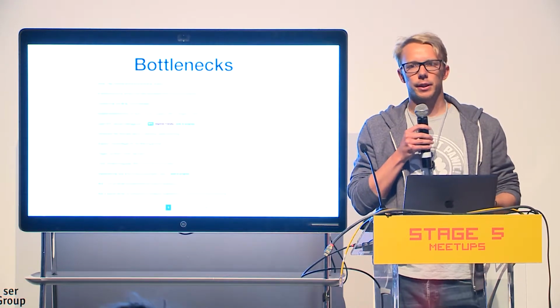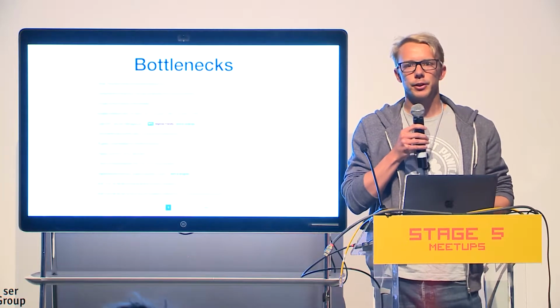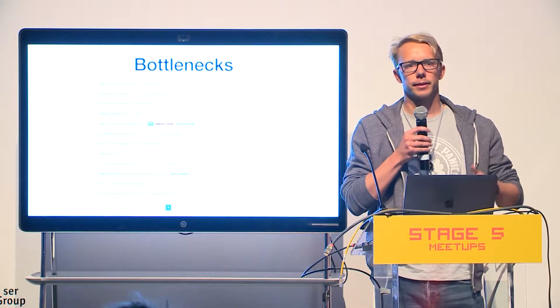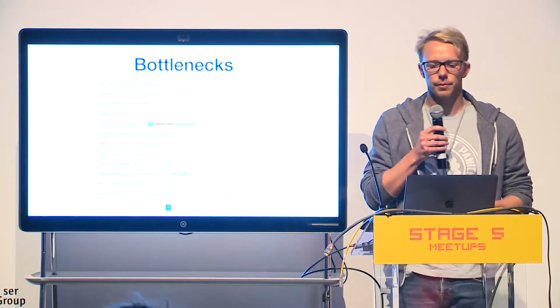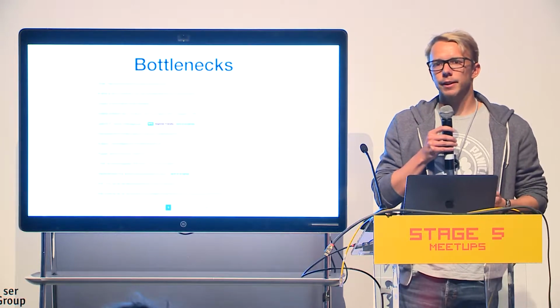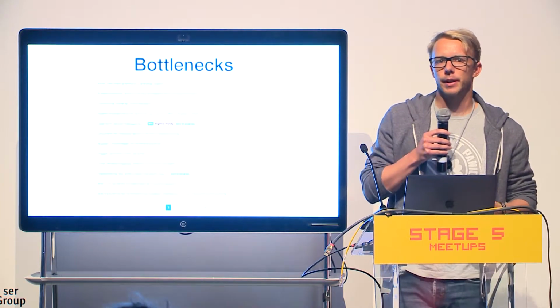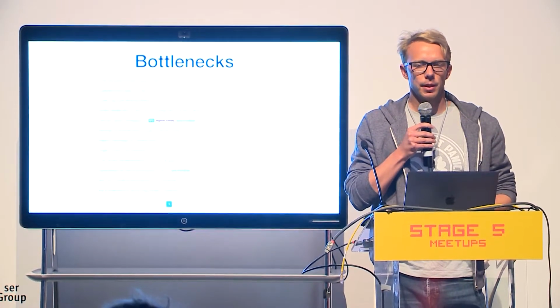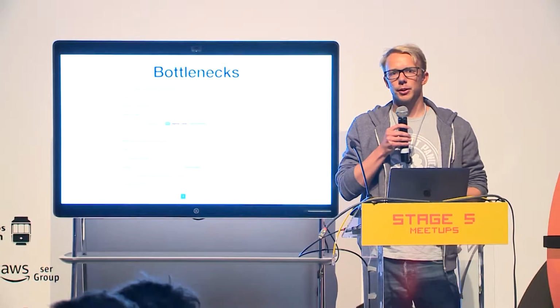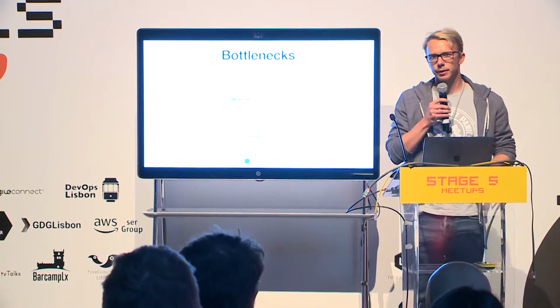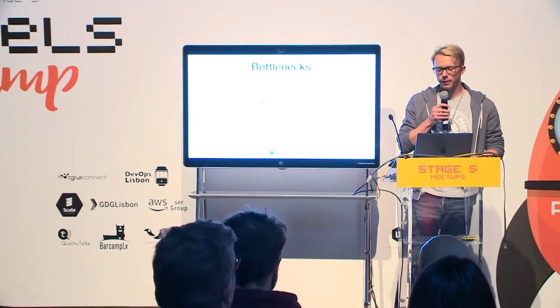That basically translates into 300 features that the users are waiting for, but they're all stuck in this long queue and not moving anywhere. So having a lot of pull requests open and waiting isn't just a problem for our users, because they're waiting for those features that aren't getting delivered, but it's also a problem for us developers.